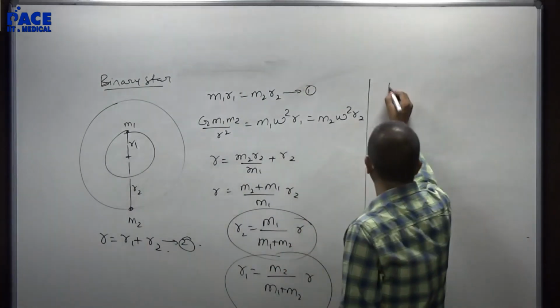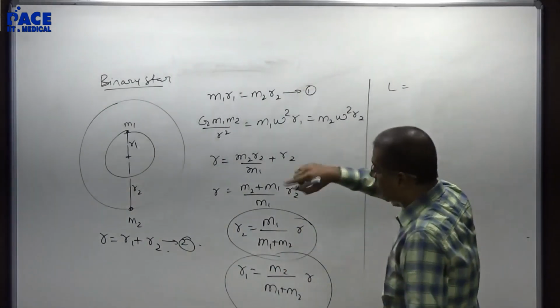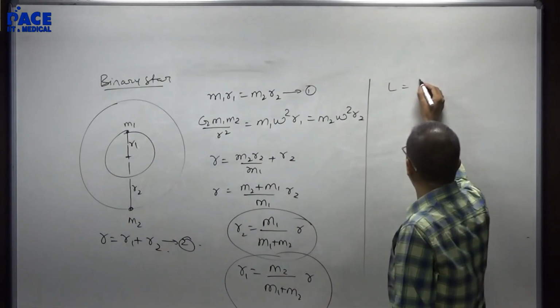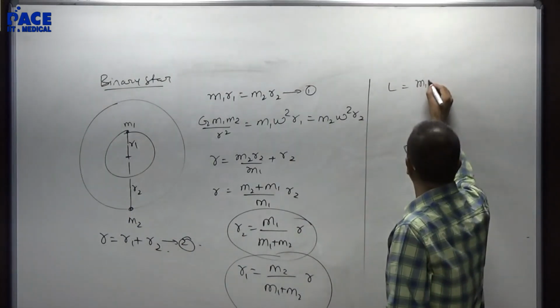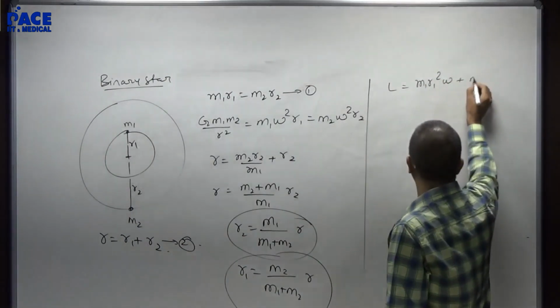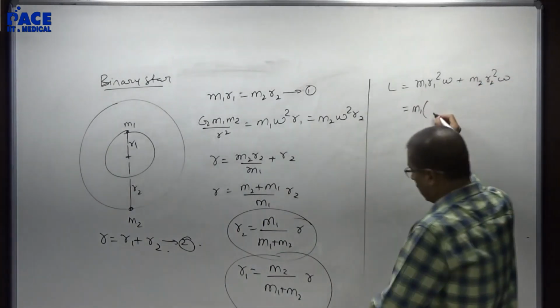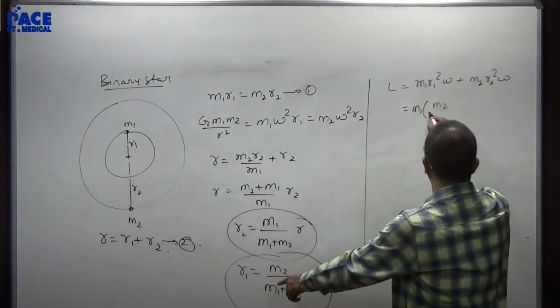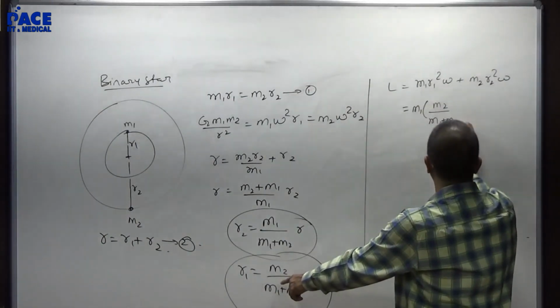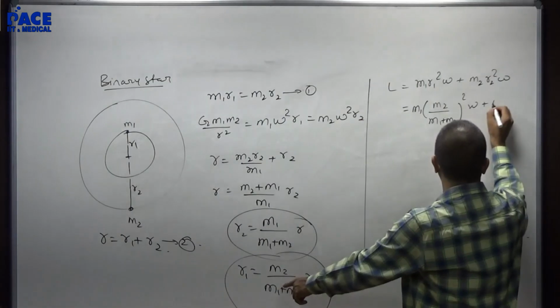Have a look at this. You are calculating angular momentum of the system. Angular momentum will be I omega: M1 R1 square omega plus M2 R2 square omega. What will R1 be? M2 by M1 plus M2, whole square omega.